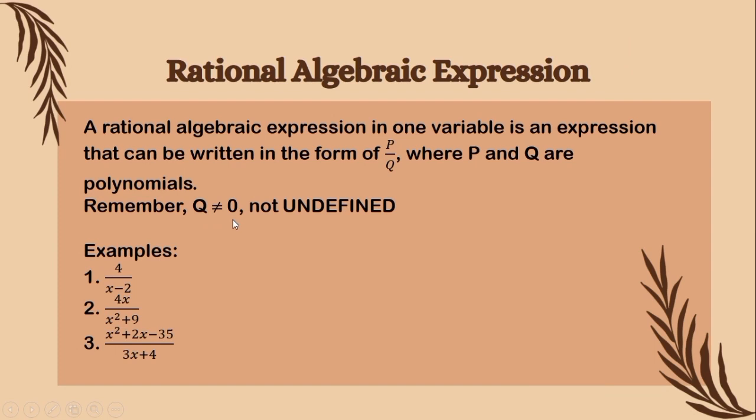So in other words, a rational algebraic expression is an expression whose numerator and denominator are both polynomials, and the denominator should not be equal to 0. For you to recognize rational algebraic expressions, let's examine the following example. As you can see, both their numerator and denominator are polynomials.